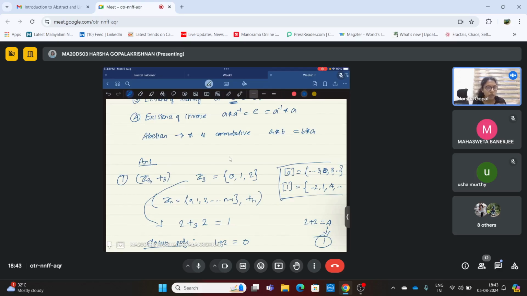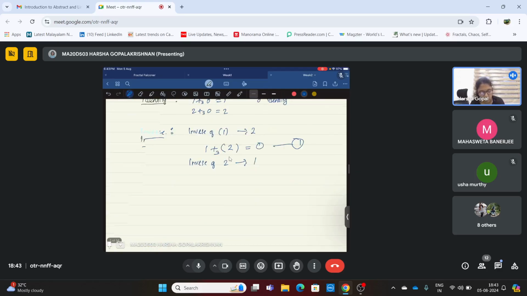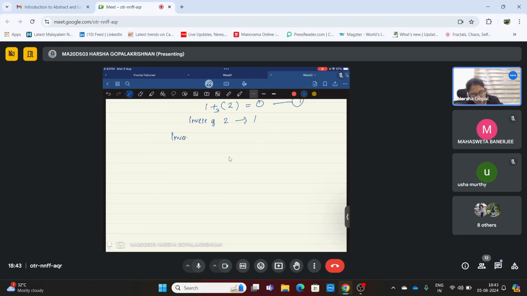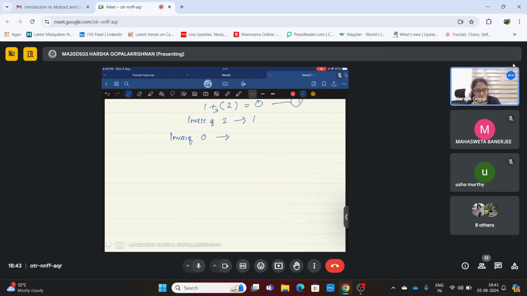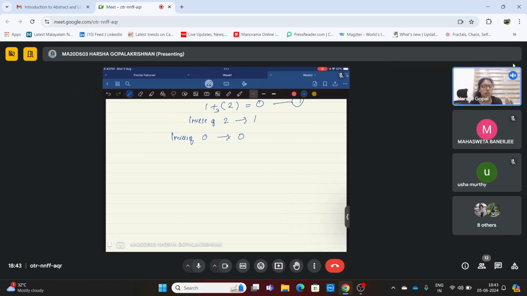What is the inverse of 0? It is 0, because 0 plus 0 is 0. In any group, the identity element itself is its own inverse.